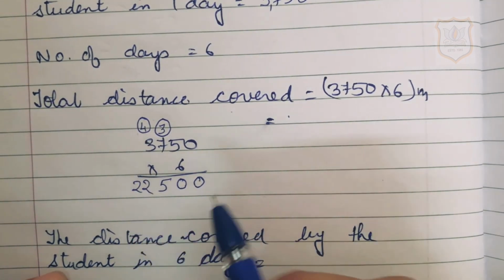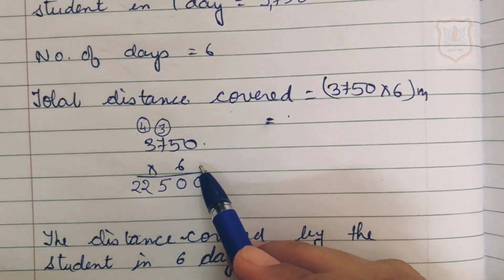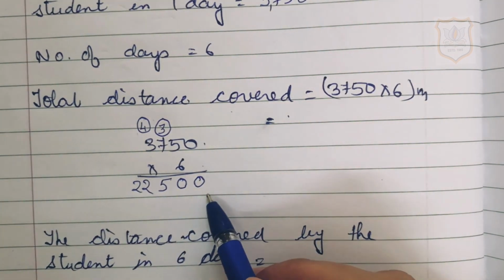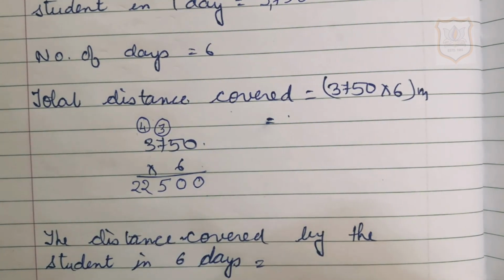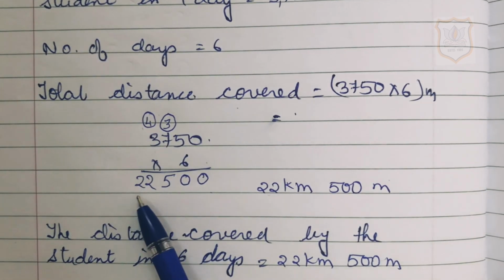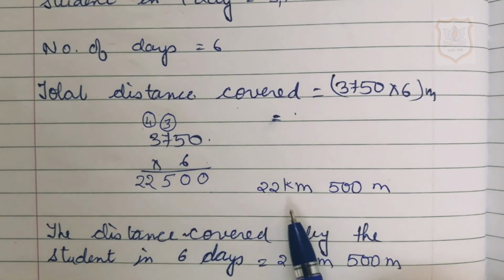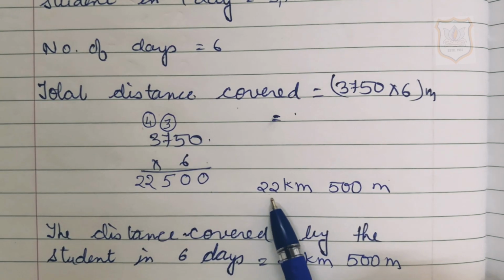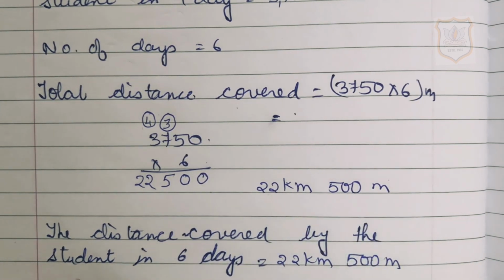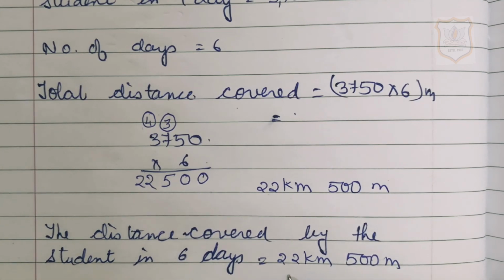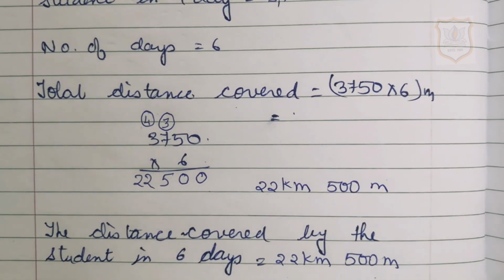So by multiplying 3750 by 6 we will get 22,500. So we will convert this 22,500 meters into kilometers and meters. We will get 22 kilometers 500 meter. Therefore the distance covered by the student in 6 days is equal to 22 kilometer 500 meter.